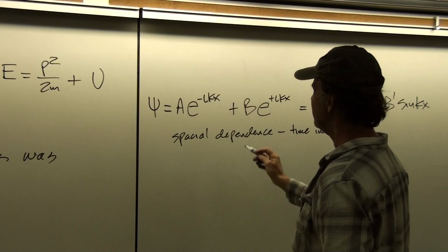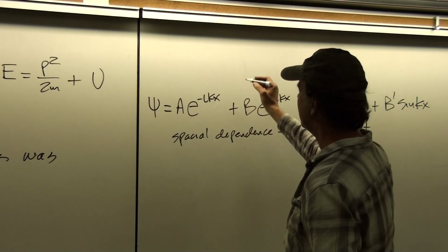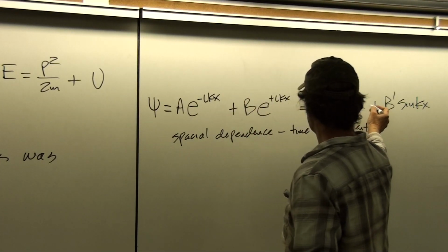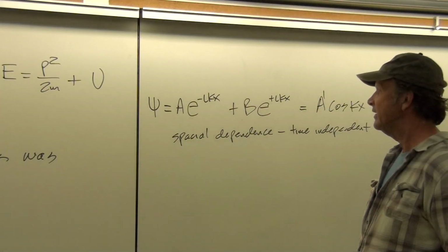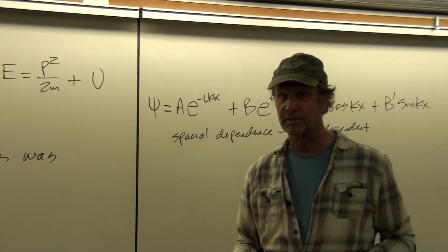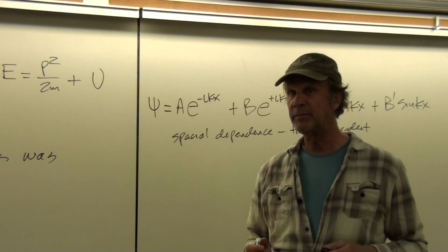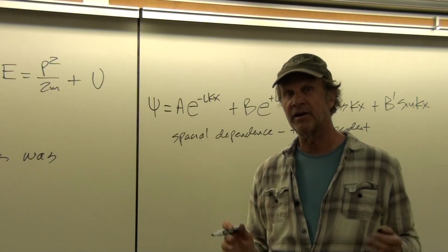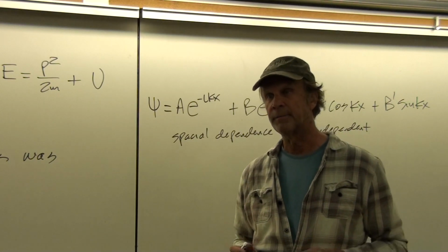Now you might wonder, well, if this is actually a traveling wave, why am I not writing kx minus omega t? And the answer is, if it's time independent, the time part is going to cancel. So I'm just going to cancel it out before I ever get started with it to keep the expression simpler.